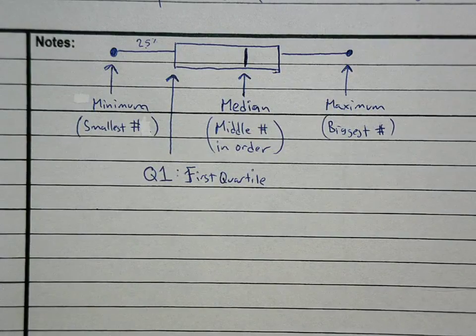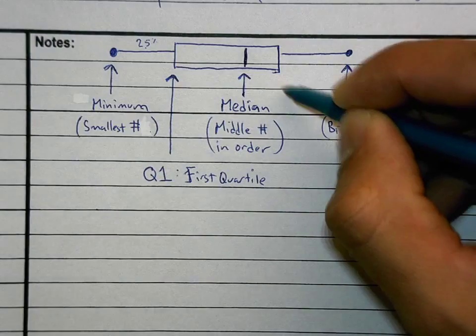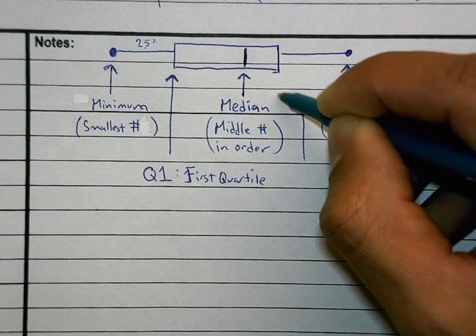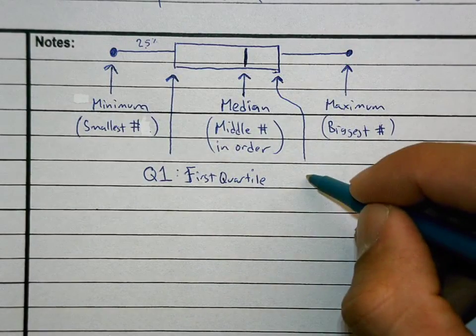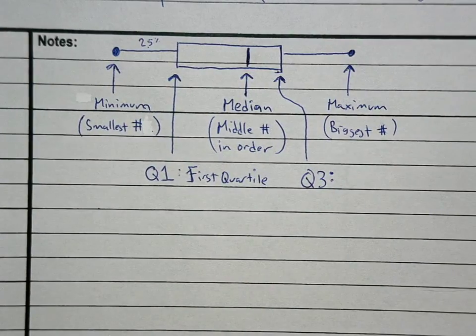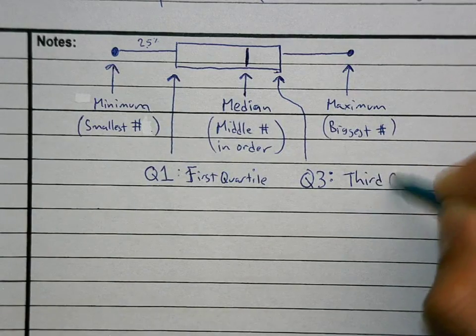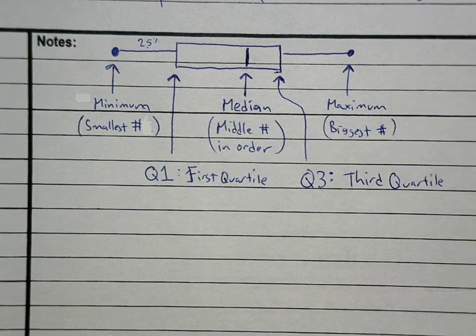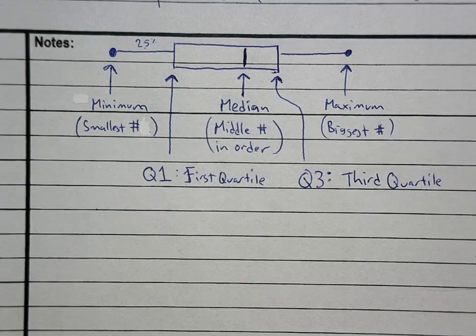If this is our first quartile, and the median is technically our second quartile, then over here at the end of the box, let me draw an arrow, a little curvy one just to get around here. This is going to be called Q3 for short, and Q3 is our third quartile. It's our third quarter of the data.